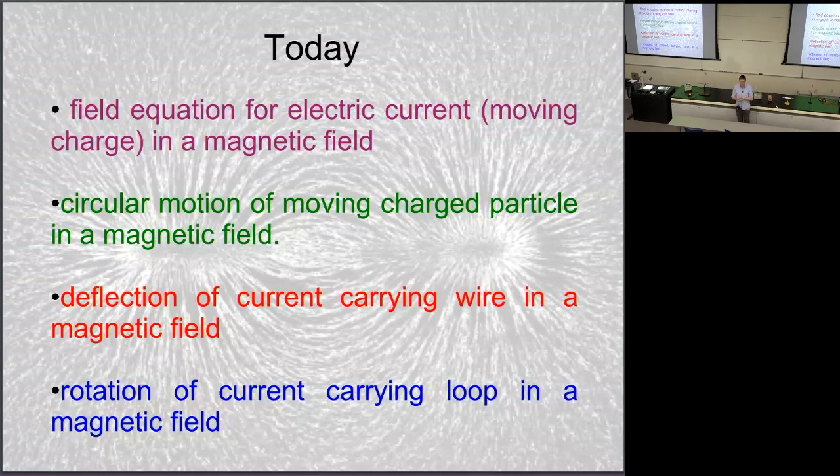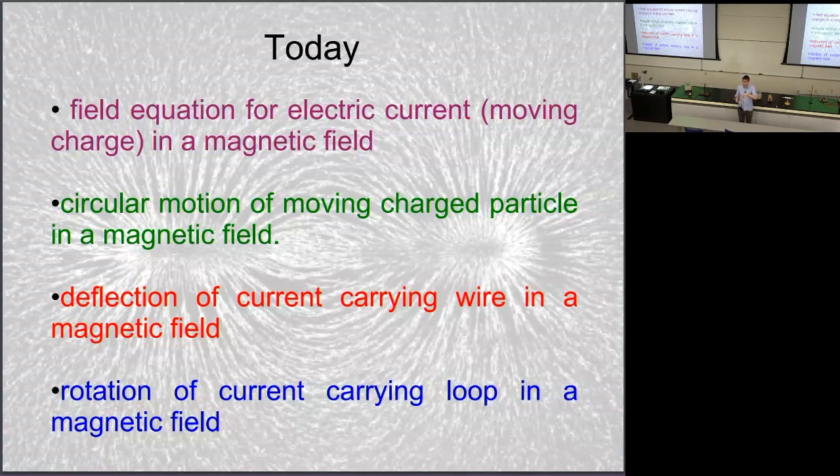But then we're going to get on with various examples of moving charges or electric currents in magnetic fields creating magnetic interactions, magnetic forces. We're just going to look at a bunch of examples. We're going to look at the important case of circular motion of a moving charged particle in a magnetic field.